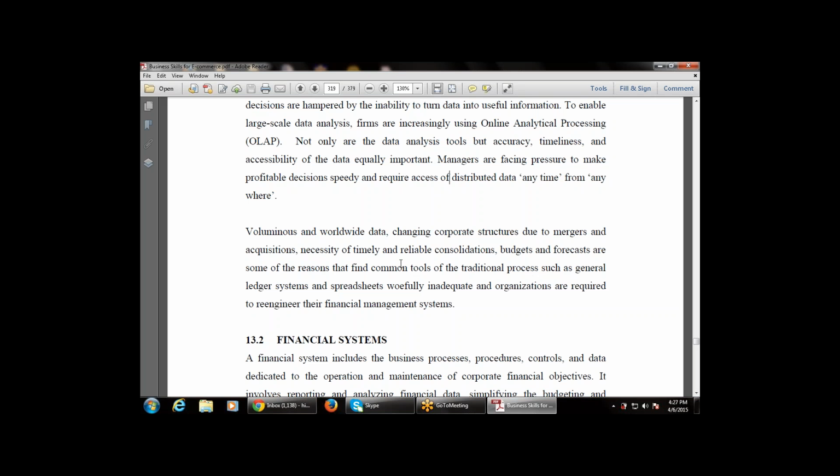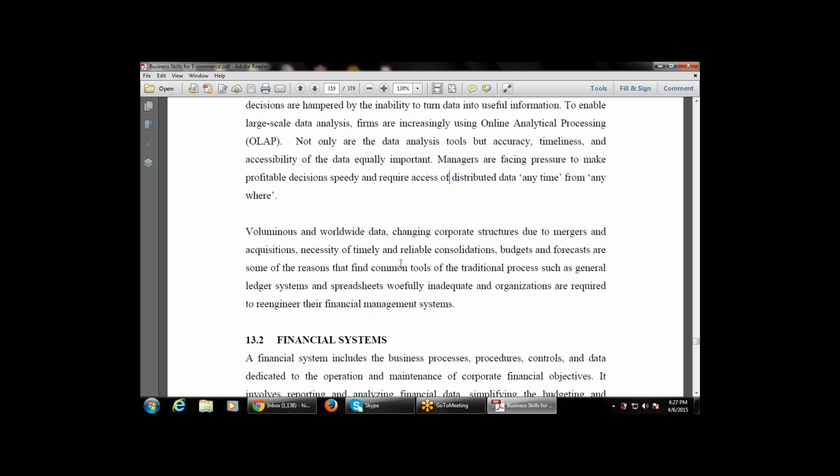So it is better to change the traditional process into a new process and re-engineer the financial information system.